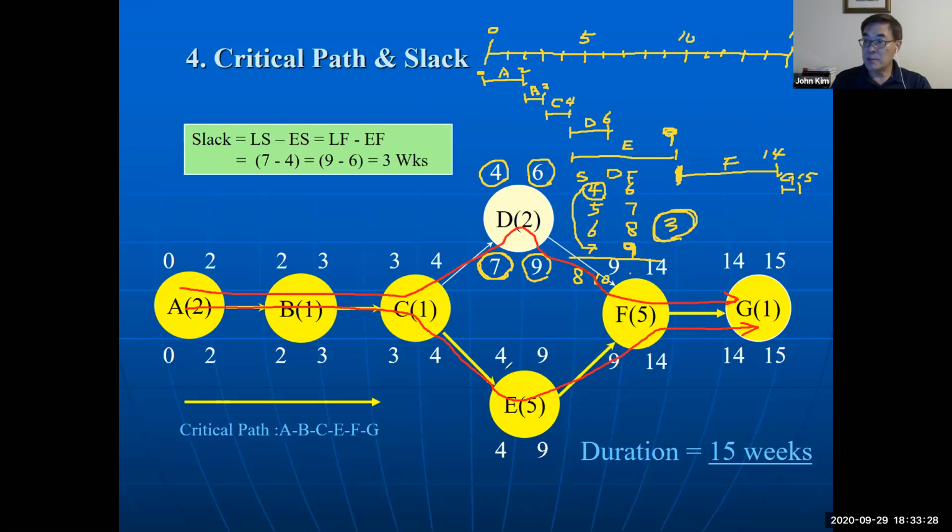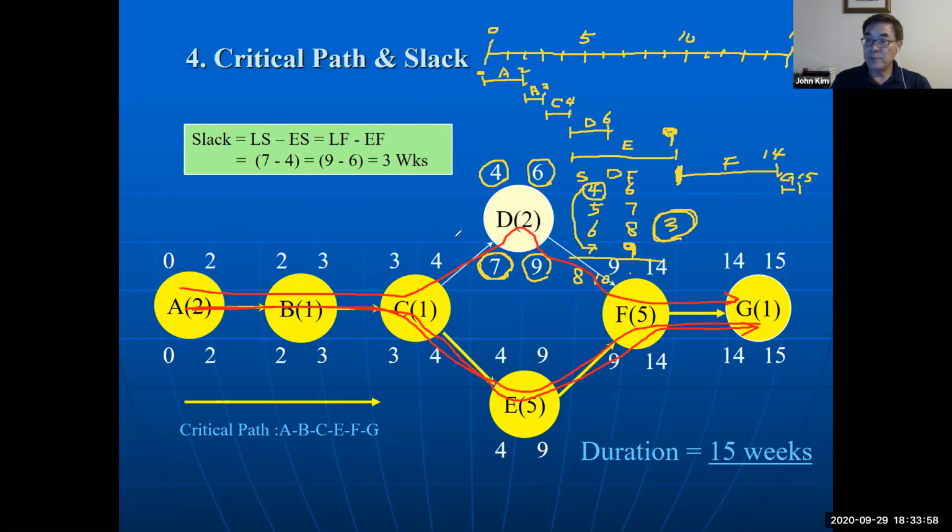So on this path, if any activity is delayed, then the entire project is delayed. So there are two possible paths. This path is critical, and all its activities are critical activities. Only this one is a non-critical activity.